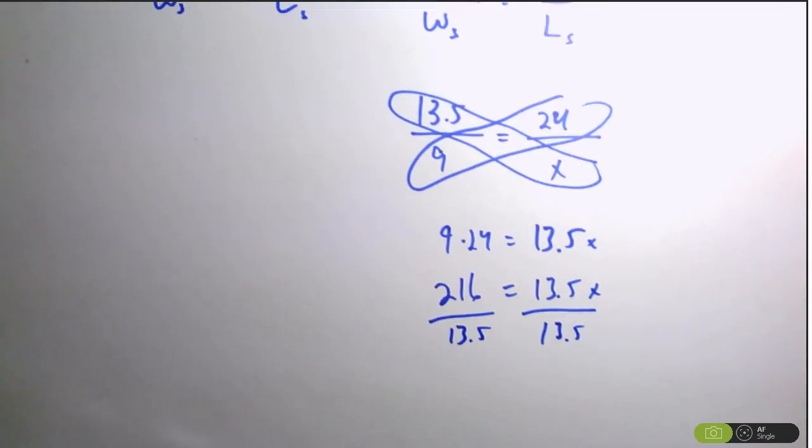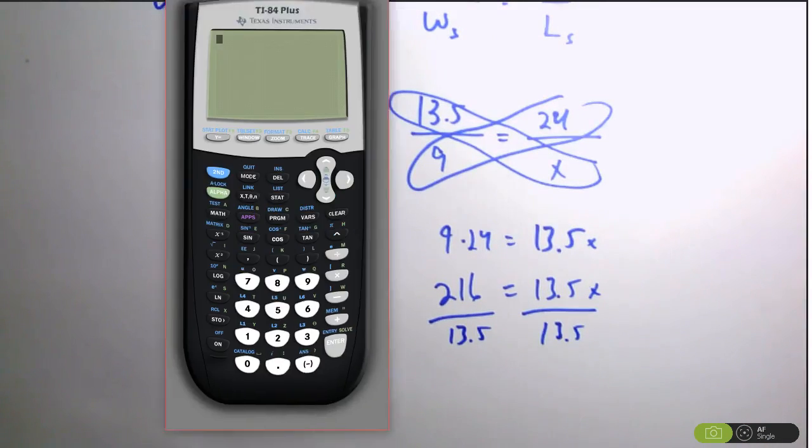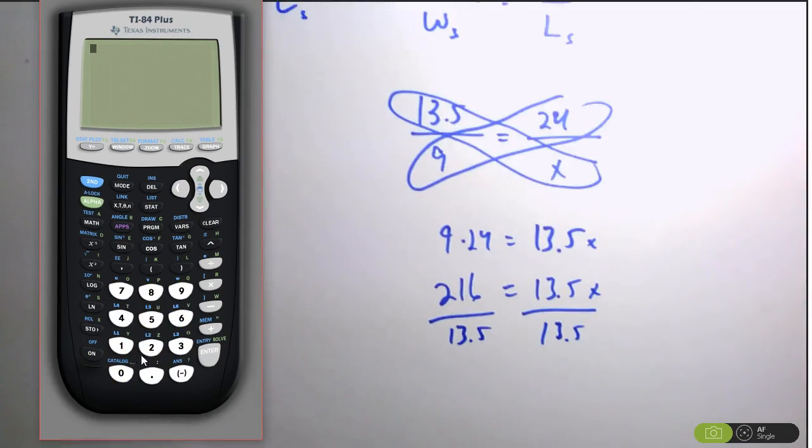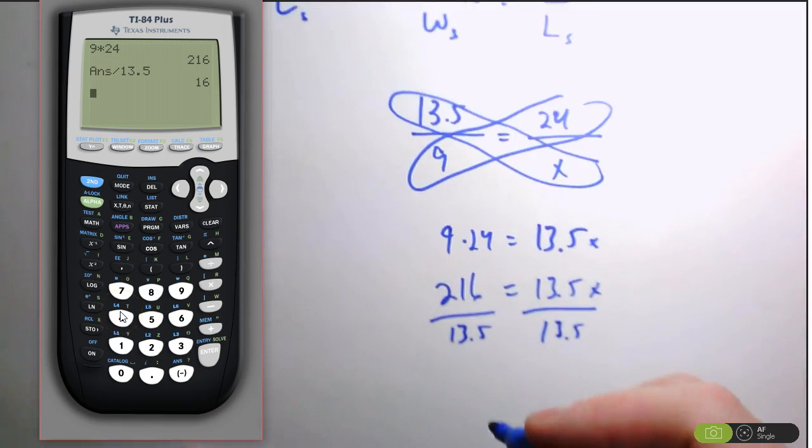I probably could try to do that by hand or in my head, but I'm not going to. So let's just make sure I did my other math right. For some reason I feel like that's wrong. 9 times 24. Nope, that's good. Divided by 13.5. Oh, 16 works perfectly. It's weird.